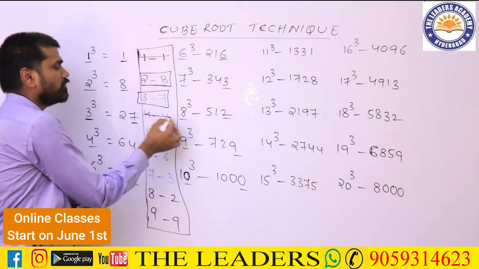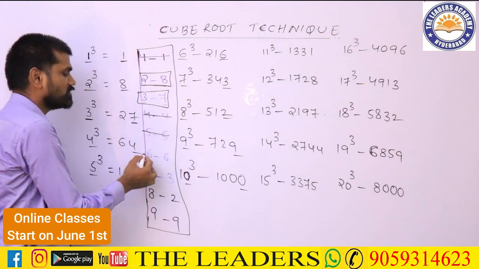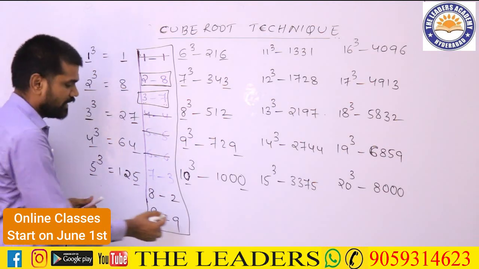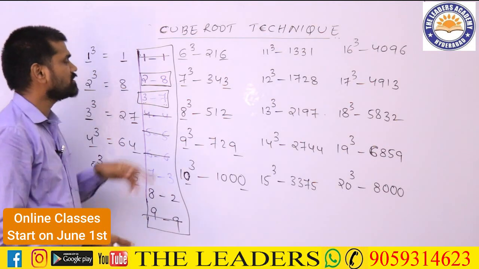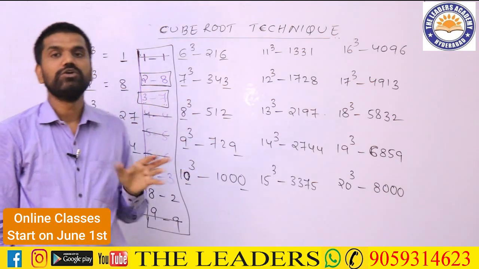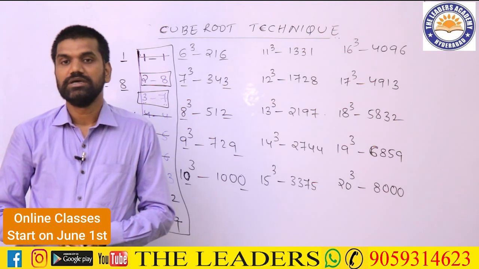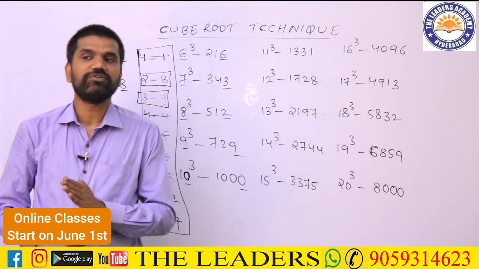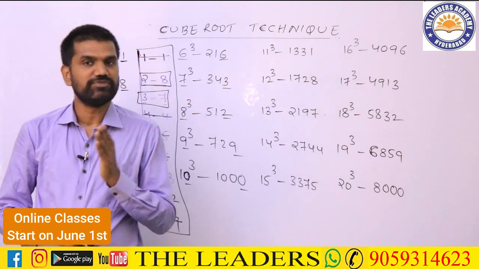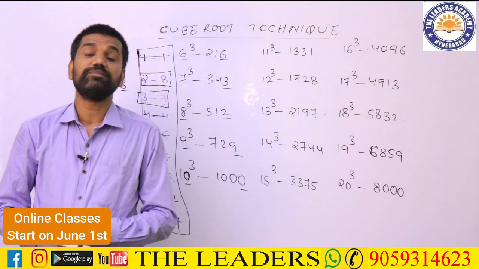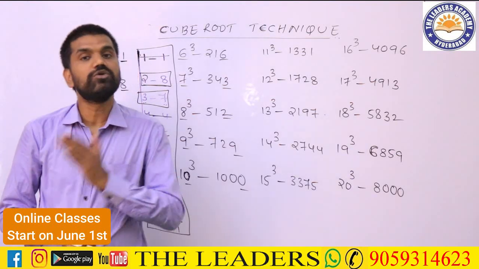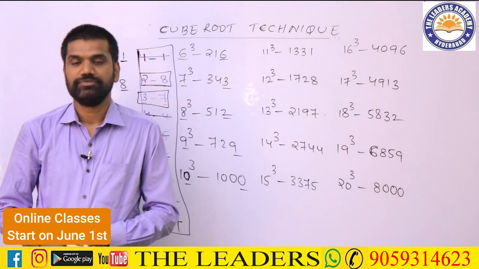So 4 cube ends with 4, same. 5 cube 5, 6 cube 6, they are similar. 9 cube 9. So the only things that you are supposed to remember over here are what? 2 and 8 is a pair, 3 and 7 is a pair. Means, I repeat, if the cube of a number ends with 8, its cube root ends with 2. If the cube of a number ends with 2, its cube root ends with 8.